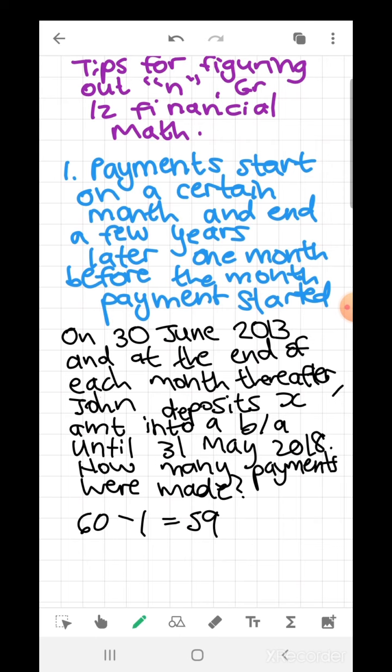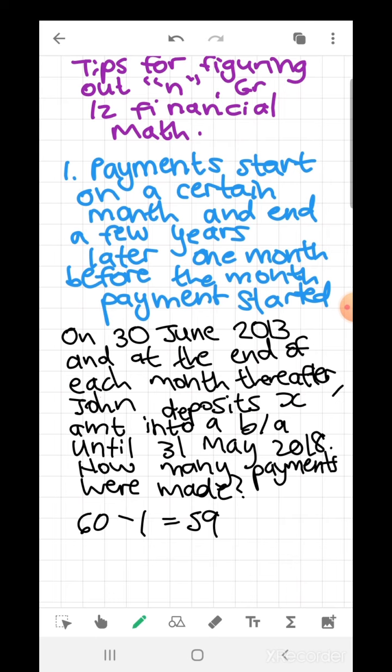January, February, March, April, May, June, July, August, September, October, November, December, January. That gave you 13 months. Why? Because we calculated January as 1 month. So when you go to January the following year, we're not getting 12, we're getting 13. So you need to look at this as a timeline, not like you're just counting years.